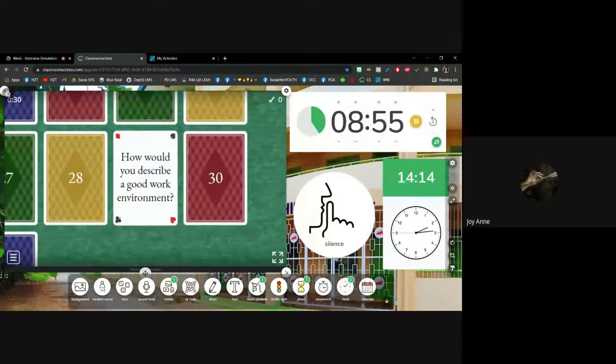Kunyari, meron po silang sarili-sariling table and may mga distance po para magkaroon po sila ng peace or kung gusto nila, ma'am, para magawa ng maayos yung gusto nilang gawin. Kasi sometimes po, pag magkakadikit po, naririnig po yung sinasabi ng iba kaya parang nadidistract po sa ginagawa. Ayun po, ma'am.